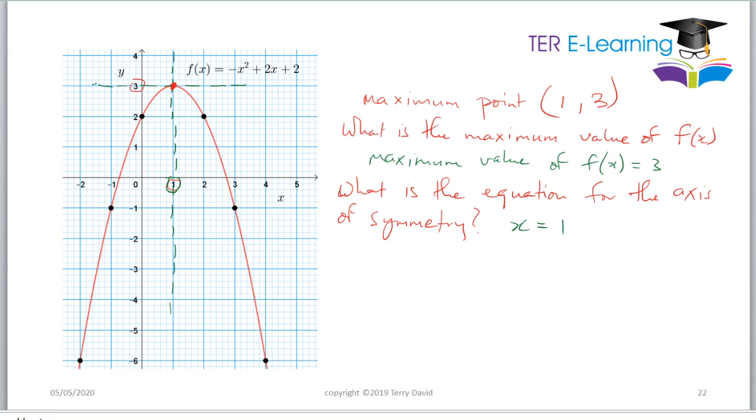Now, the next part, I want you to use the graph to solve an equation. In this case, the equation is minus x squared plus 2x plus 2 is equal to 0. I want you to use the graph to solve that equation.